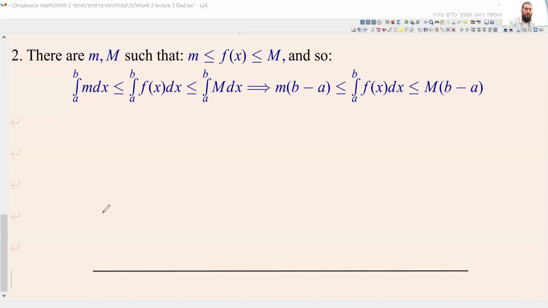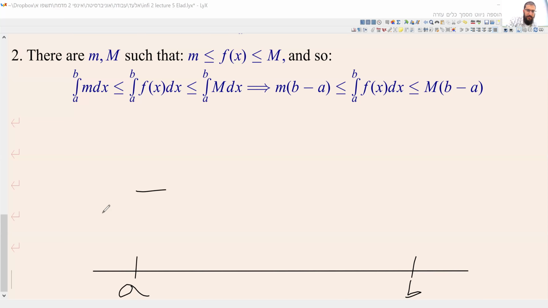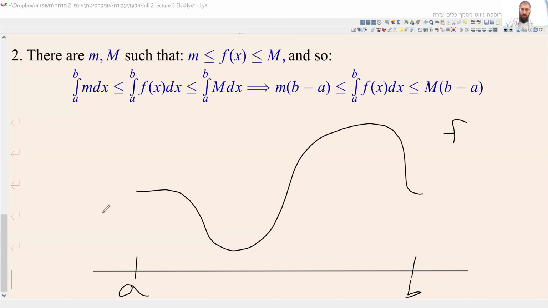Yes, we have A and B here, and some function. Let's say that's the function f, a very nice one.